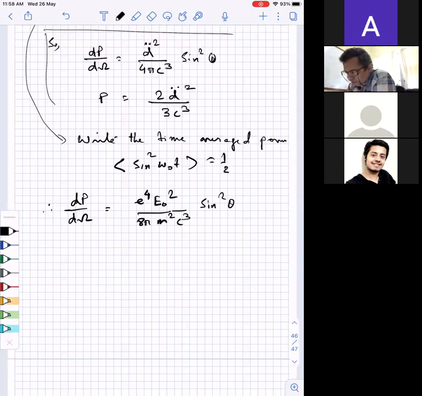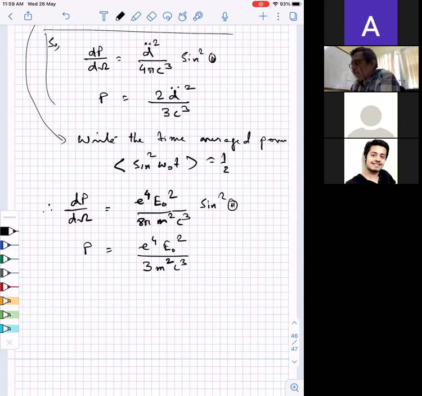This theta should be a vector theta, and your P will be e to the power 4 E0 squared over 3 m squared, with the remaining factors. So this is what we get for the scattered radiation.